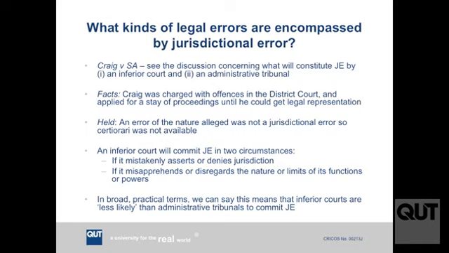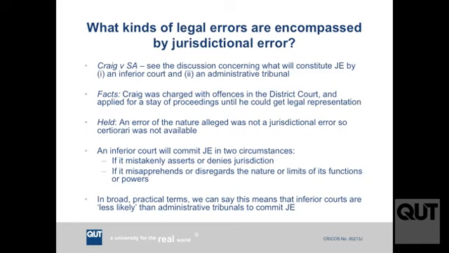Craig applied to Judge Russell for a stay of proceedings because he could not afford legal representation and wanted to wait until legal aid could give him a lawyer. The district court judge concluded that the case of Dietrich and the Queen, which you may have studied in criminal law, required the trial to be stayed because Craig lacked legal representation through no fault of his own.